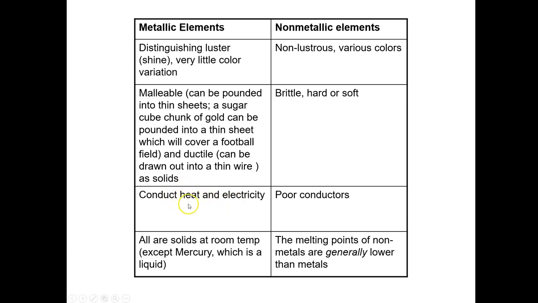This is why we make our pans for cooking out of metal, because they're good at letting the heat pass through, or, for electrical wires, the electricity run through them really easily. And the last thing you need to know: all metals are solids at room temperature, except for one, and that is mercury, which is actually a liquid at room temperature.